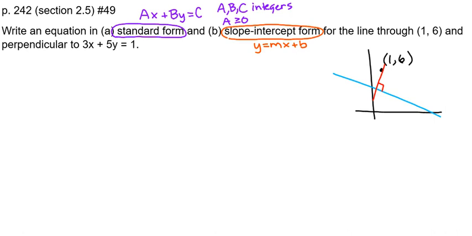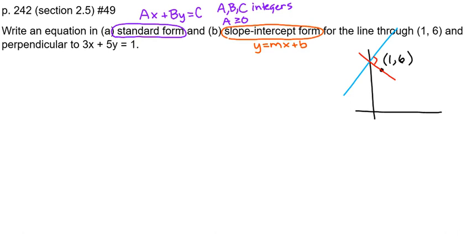Or perhaps instead, we have our given point, and let's say the given line was this line. We're trying to come up with the equation of a second line that passes through our given point and is perpendicular to the first line. So whatever the case may be, we're looking for the equation of a second line passing through the given point.